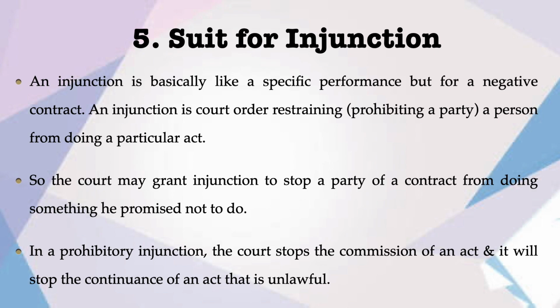If two parties are entering into a contract to do something which is unlawful, then the court of law can issue a prohibitory injunction. That way the agreement will be terminated or the other party will have to pay for the damages. So these are the 5 different kinds of remedies for breach of contract.